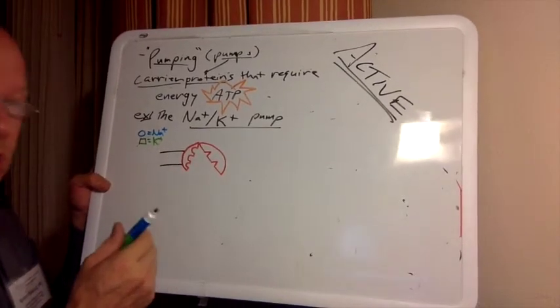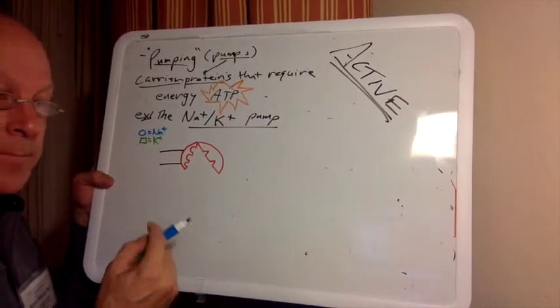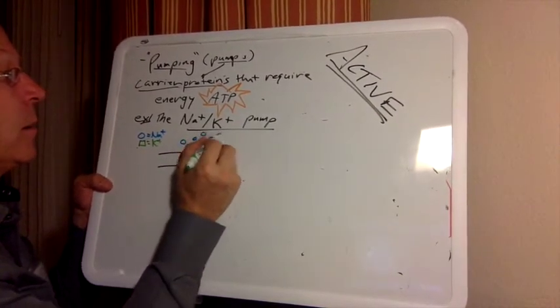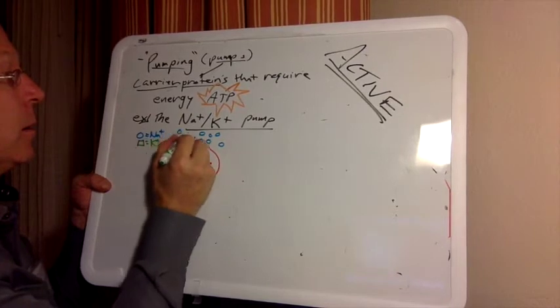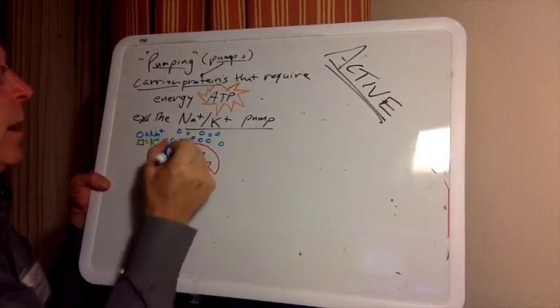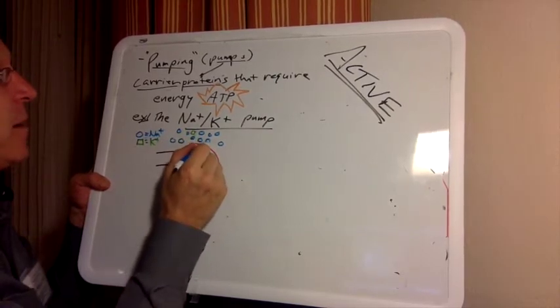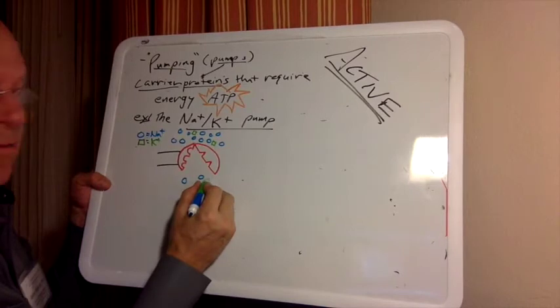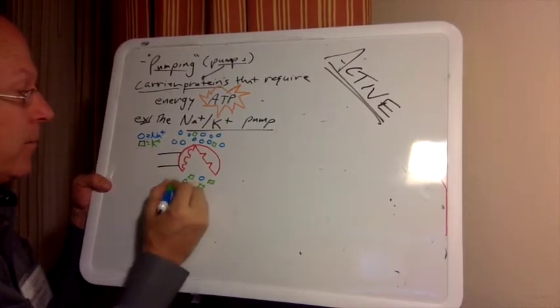So we're going to start this thing with lots of sodium out here. And we're going to have a little bit of sodium down here, and then a little bit of potassium out here, and we're going to have a lot of potassium in here.